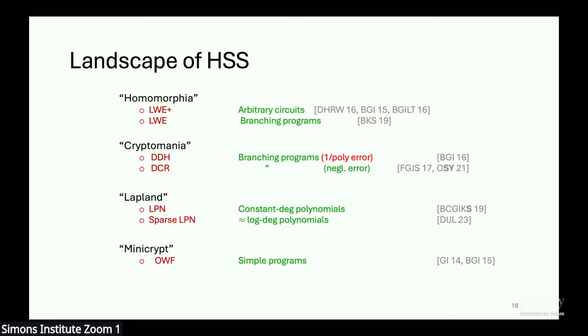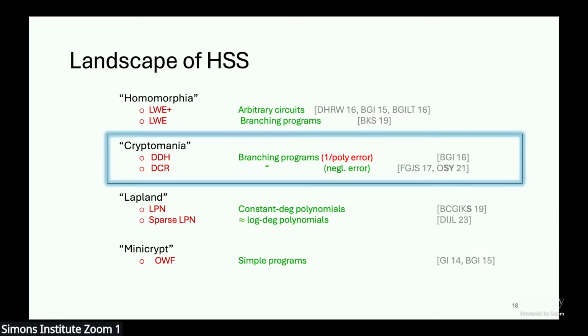You can get HSS for branching programs or NC1 circuits using a slightly simpler construction that doesn't require all the machinery of FHE. And then going a step down, what I'm going to be focusing on today is this Cryptomania, but without FHE assumptions, so DDH or the DCR assumption used in Paillier encryption, which can get you certain kinds of HSS for branching programs with different characteristics.